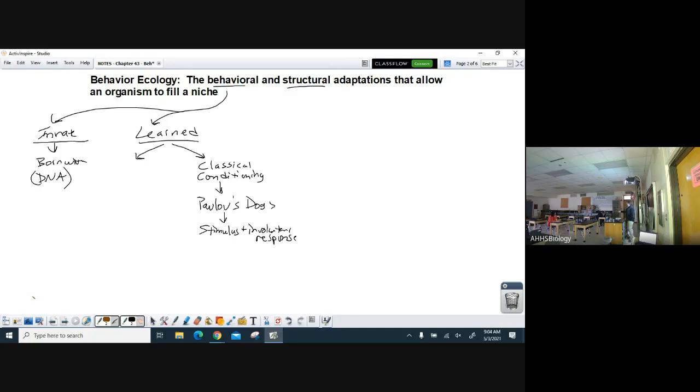So he feeds the dogs, he rings the bell, and then he measures the saliva production in the dogs, right? And so the dogs are connecting this stimulus, the bell, with saliva production.